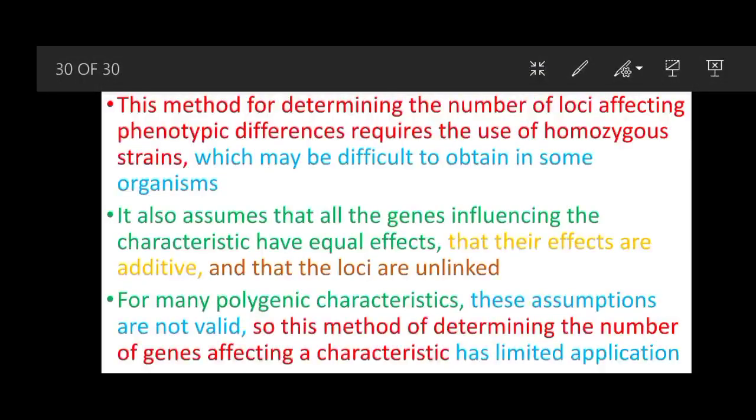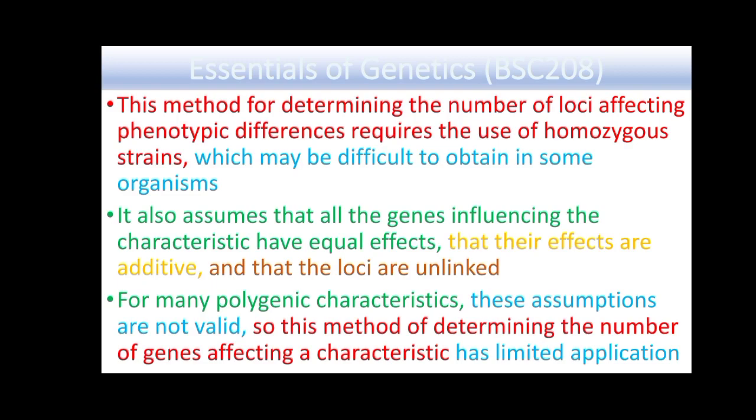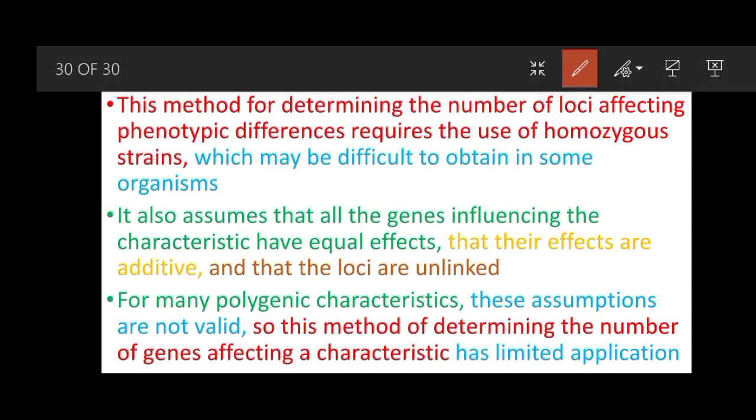This method of determining the number of loci affecting phenotypic differences requires the use of homozygous strains, and this is very difficult to obtain in some organisms. It also assumes that all the genes influencing the characteristic have equal effects, that their effects are additive, and that the loci are unlinked, and this is also very difficult for many polygenic characteristics.